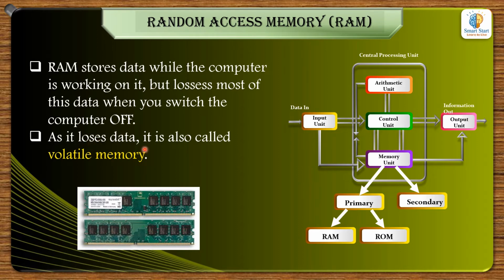When a computer is switched on, everything we see on the monitor rests in the RAM. When we enter data in the computer, it is first stored in RAM. RAM works only when the computer is switched on. When the computer is switched off, all the data in RAM is lost. This is our RAM.